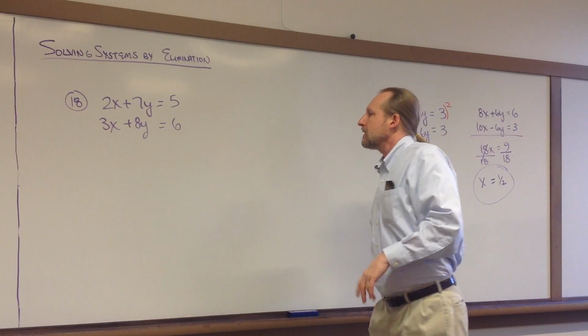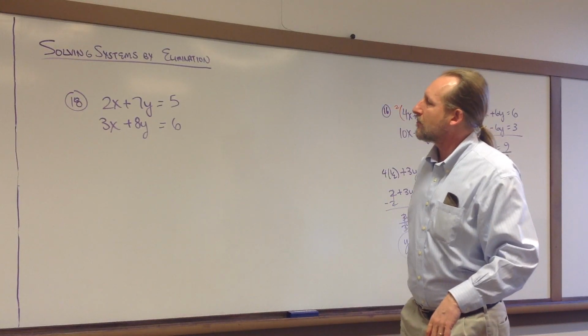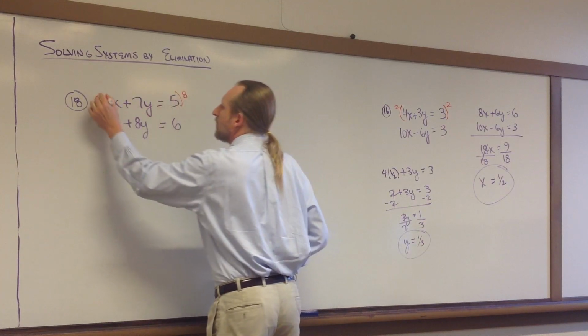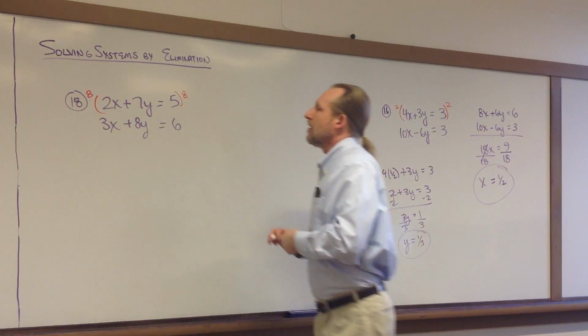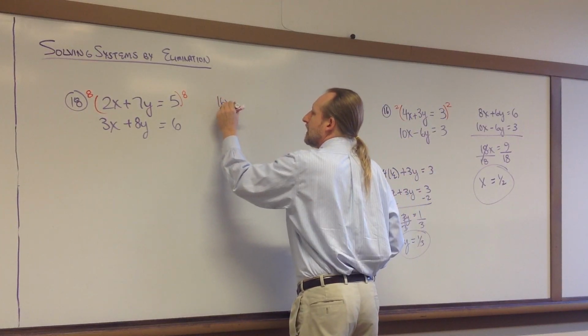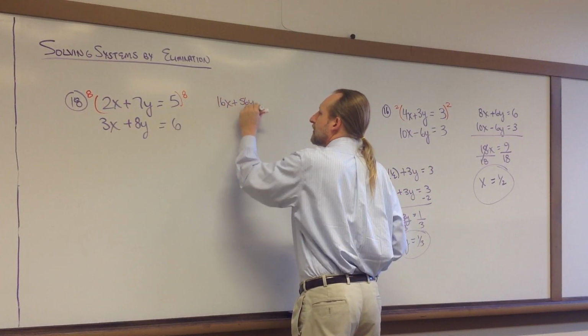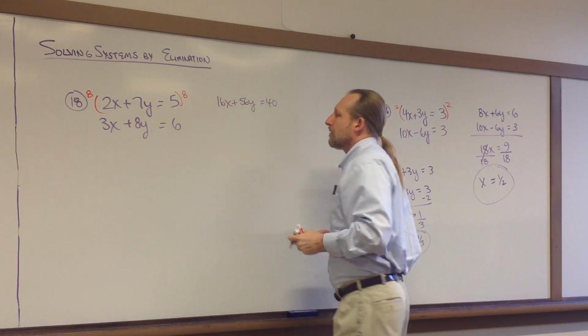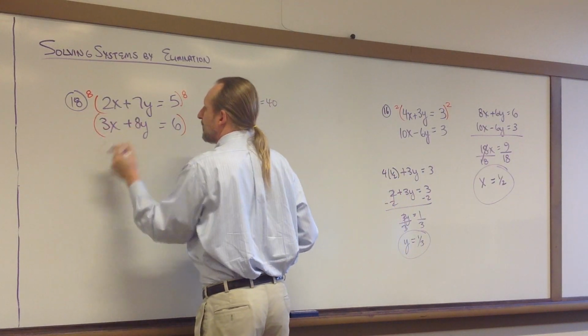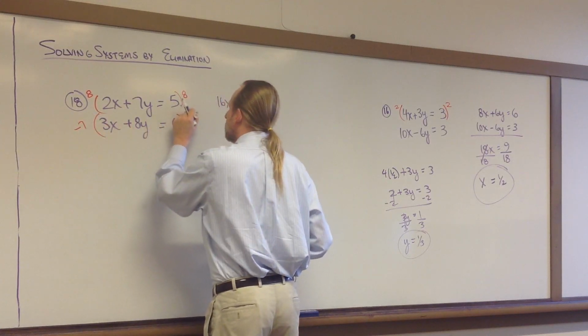I'll work with the y's in this problem. So I'll multiply this one by 8 on both sides. And that'll make this 16x plus 56y equals 40. And then on the bottom, to get the signs opposite, I'm going to multiply by -7.